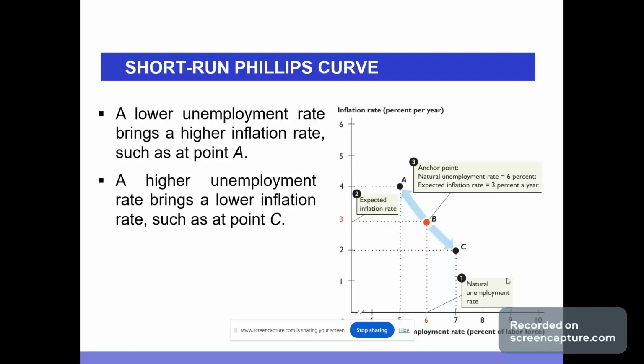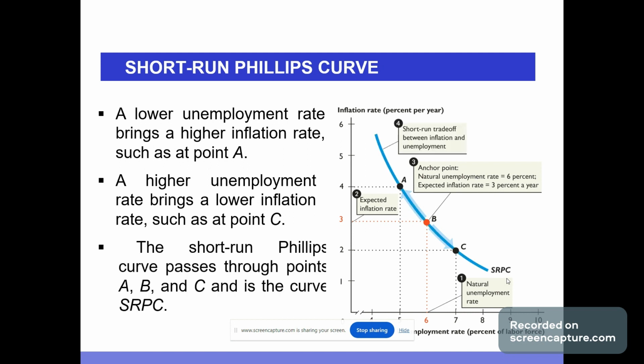So they will reduce their demand, and because of the sudden shock in demand, the price will fall, and because of that the inflation rate will fall. So we can see that if the unemployment rate is decreasing, inflation is increasing. If the unemployment rate is increasing, inflation is decreasing. So it shows that they have an inverse relation.